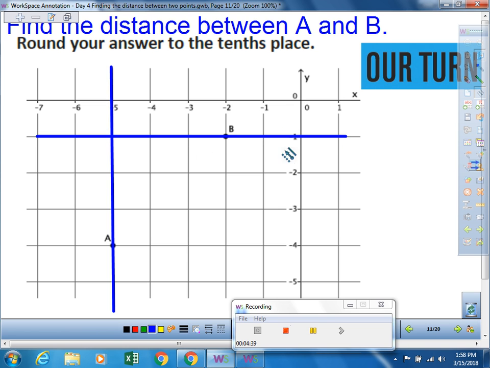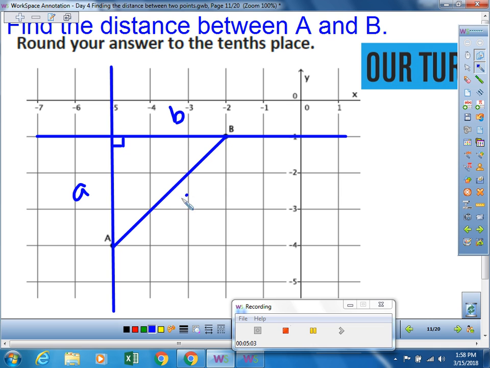Just make it go through the whole graph. Then I want you to connect A and B. Now you see the right angle in your triangle. We have side A, side B, side C.